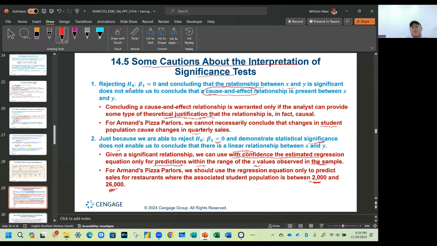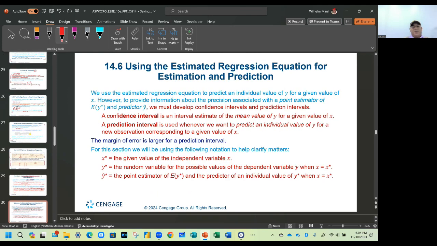So we restrict our estimate and our prediction to within the known values of x. If you go outside of those bounds, then maybe the linear relationship would collapse and would not be the appropriate one. So you wouldn't want to go too far out.